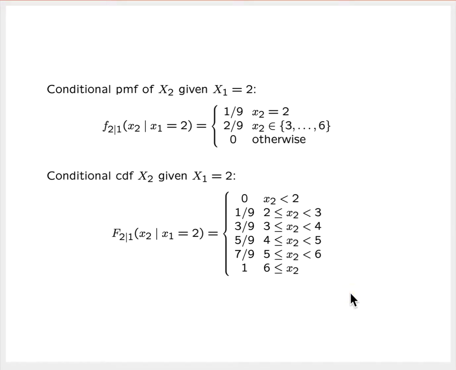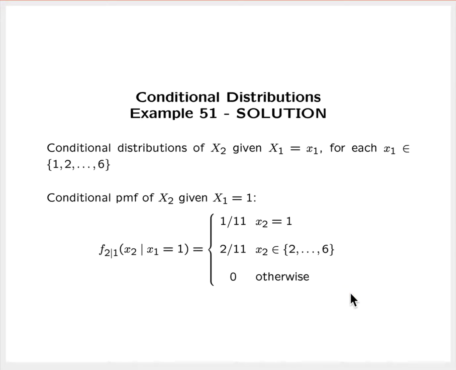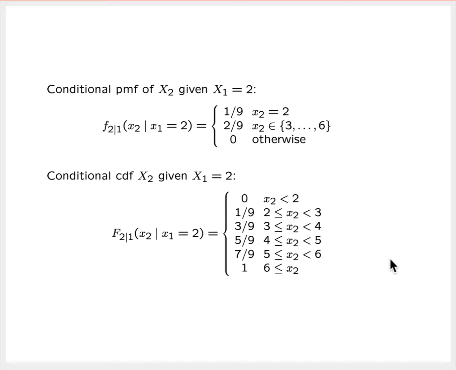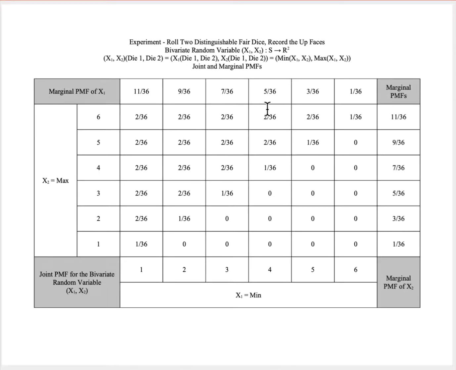And let me just back up. So here is again the conditional PMF of x2 given that x1 is equal to 1. And here's the corresponding conditional CDF. Moving on, if x1 is equal to 3, then we're going to divide these joint probabilities by the marginal probability.